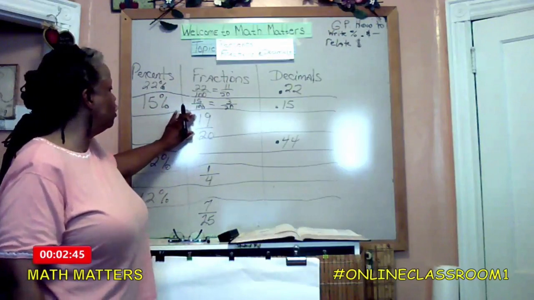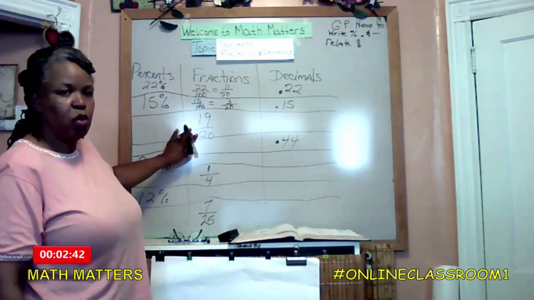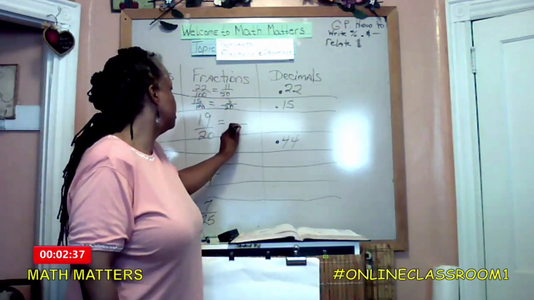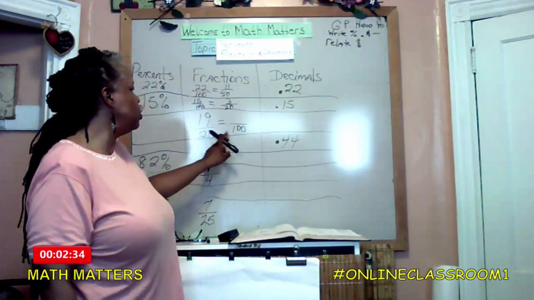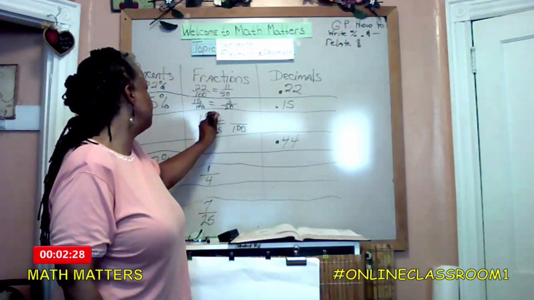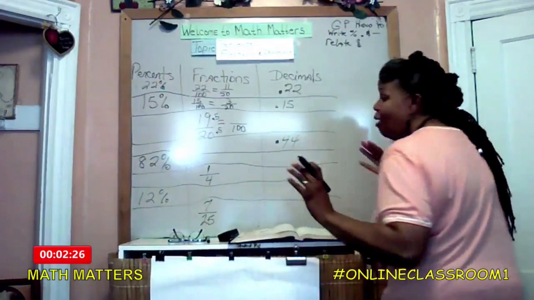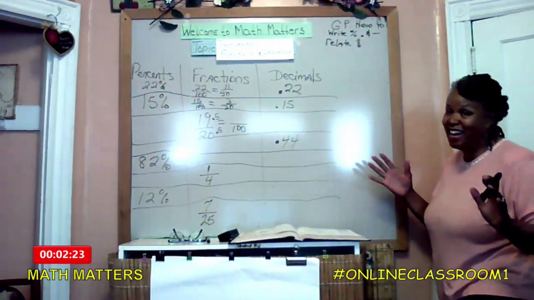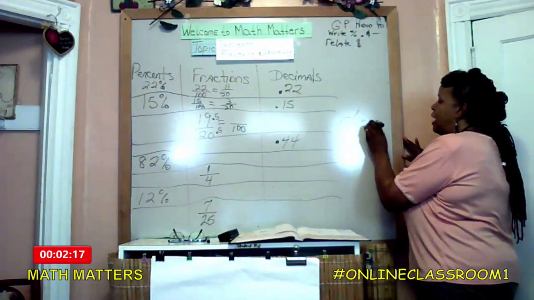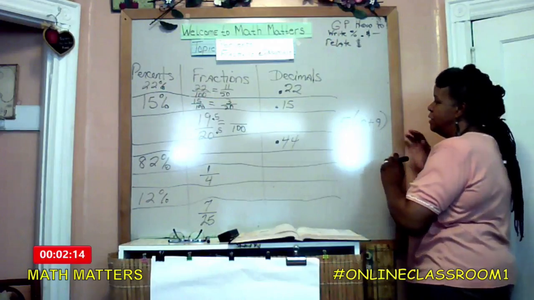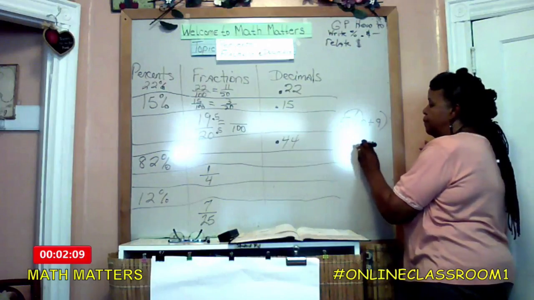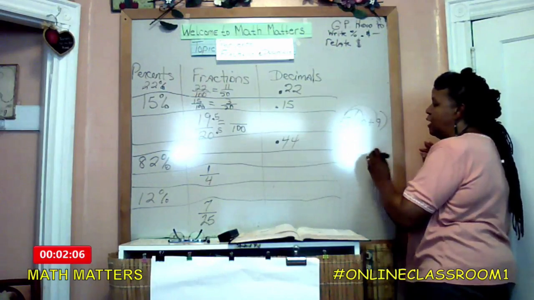Now let's look at 19 out of 20. Whenever you're given a fraction, you need to make it out of 100. What did I do to the 20 to get 100? Multiply by 5. Do the same thing to the top. Multiply by 5. You know how we do it over here. We use the distributive property. So 5 times 19 is 10 plus 9. This is the 19 times 5. 5 times 10 is 50, plus 5 times 9 is 45.